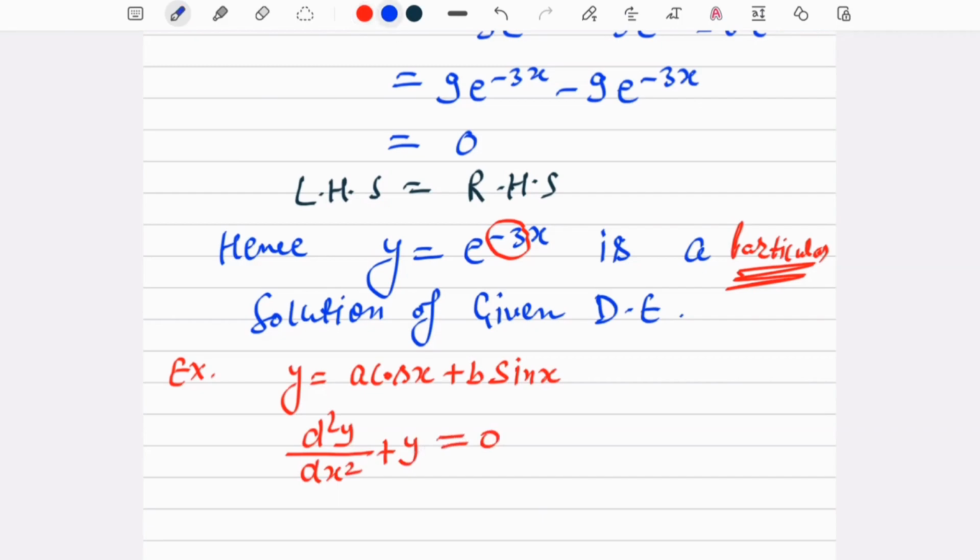First of all, comment on the nature of the solution. Is it general or particular? General. How? Because a and b. Yes, we have arbitrary constants a and b.